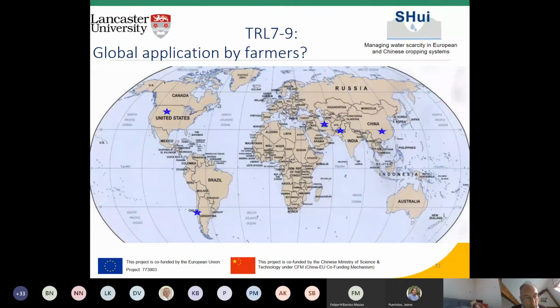So this is my understanding of where growers in the world are actually applying partial root zone drying commercially at the moment.